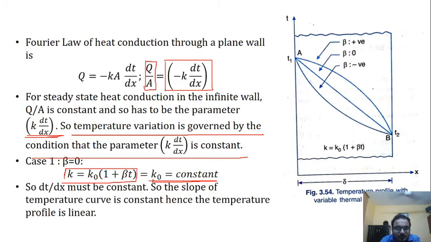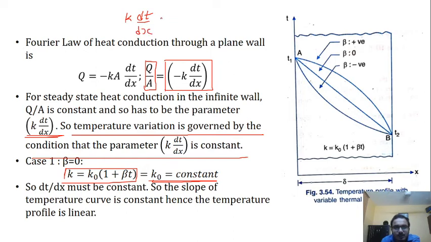In such case, dT by dx must be constant, because our objective is that K into dT by dx must be constant.